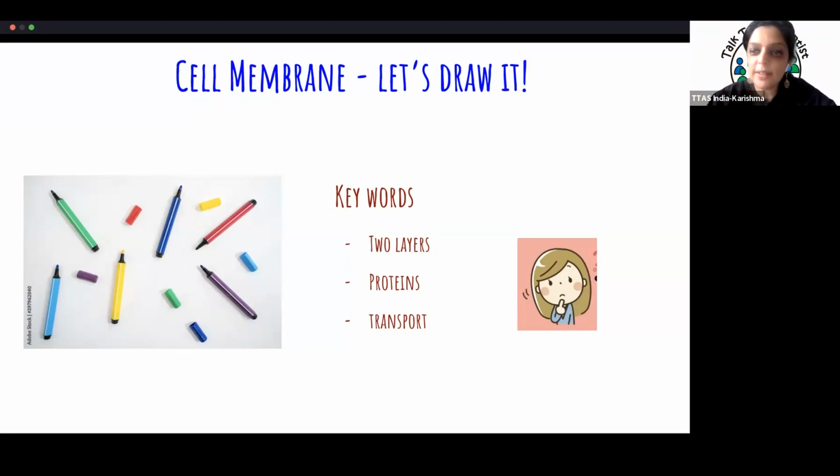Are you thinking of 2 layers? Yes. Are you thinking of proteins? Yes, no? Yes. Are you thinking of transport? Okay, yes. Great. So once you're done, just put a thumbs up. We'll know when to move on to the next part of the human cell.